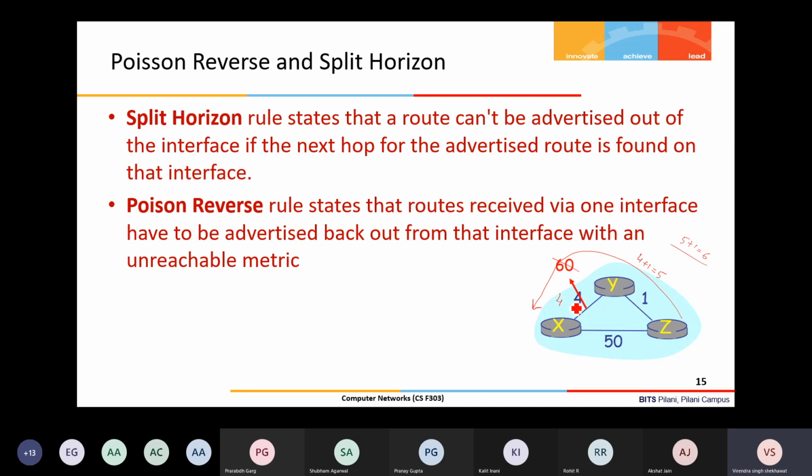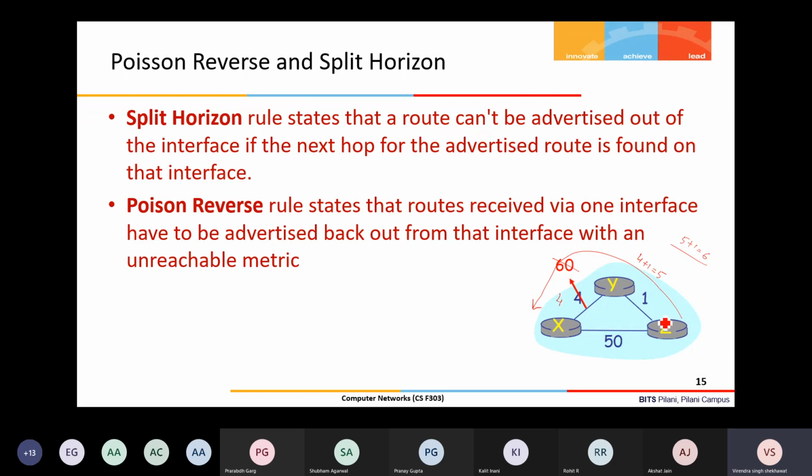When the link cost was 4, Y was not using this path. But once the link cost becomes 60, Y thinks, fine, I have a better option than this cost 60, so I will route via Z only. And this leads to a routing loop problem.